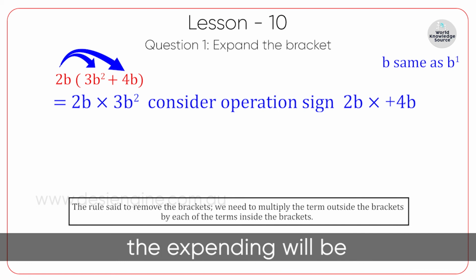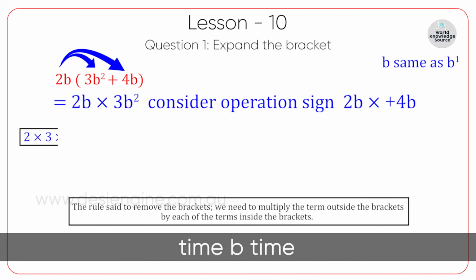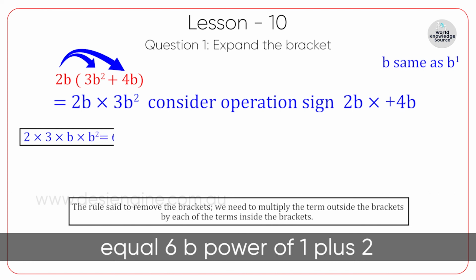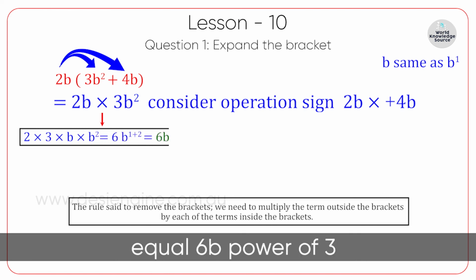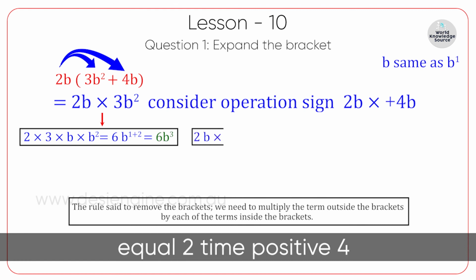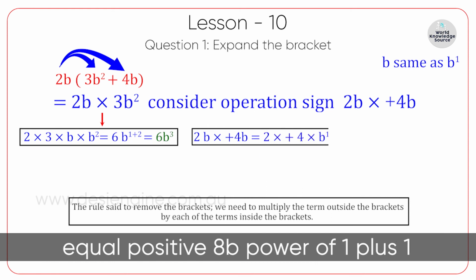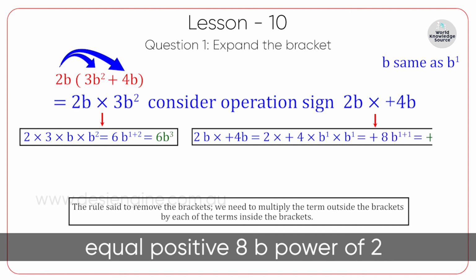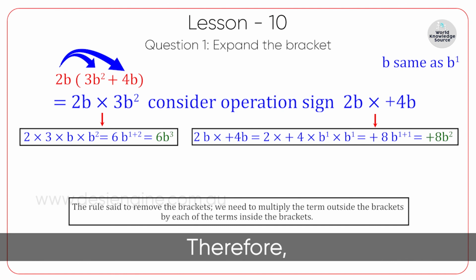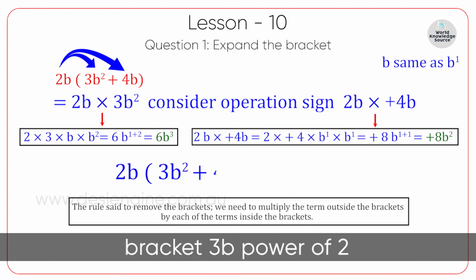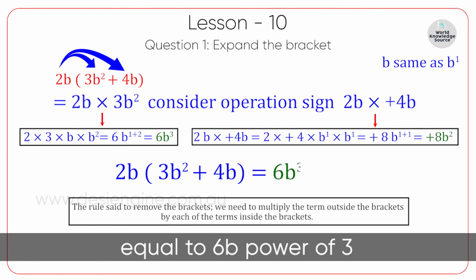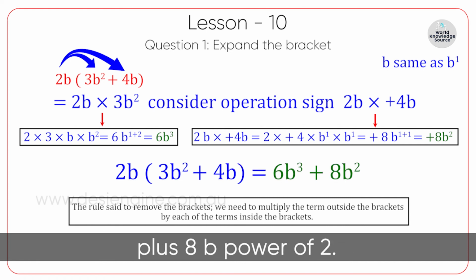Therefore, the expansion will be 2 times 3 times b power of 2, equals 6b power of 1 plus 2, equals 6b power of 3, and 2b times 4b equals 2 times positive 4 times b power of 1 times b power of 1, equals positive 8b power of 1 plus 1, which gives us positive 8b power of 2. Therefore, removing the brackets from 2b, bracket 3b power of 2 plus 4b bracket, equals 6b power of 3 plus 8b power of 2.